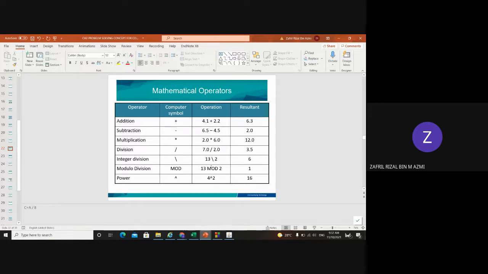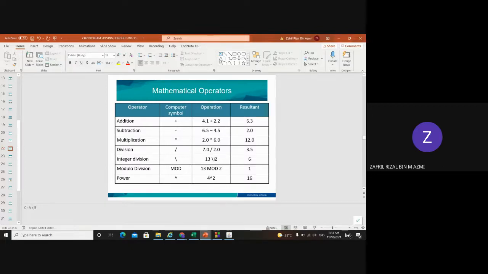For integer division, if you want to calculate just the integer value for the output, use this kind of slash. Then you will get this value without the decimal.